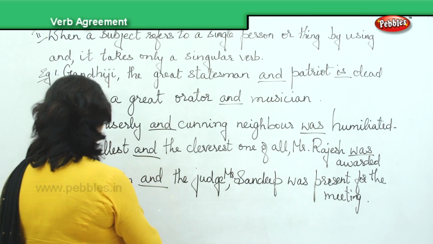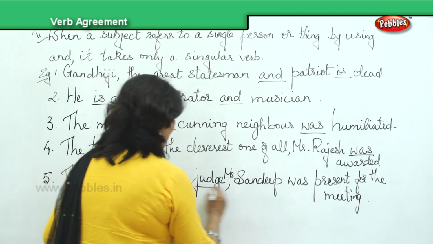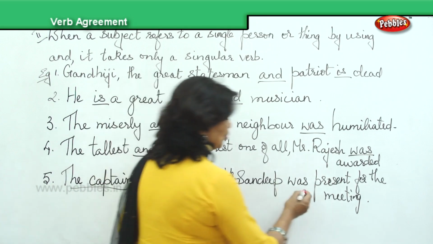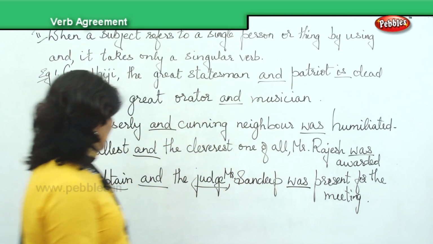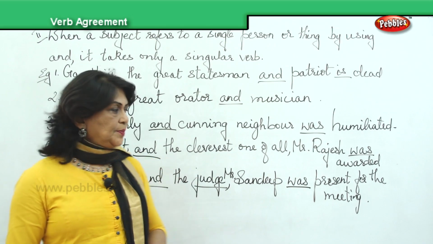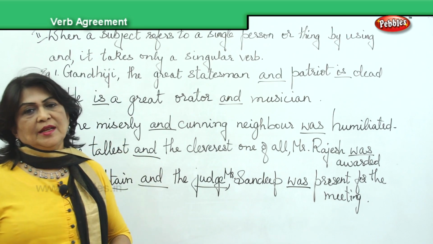Again, "and" is joining the two aspects or attributes of Mr. Sandeep, and we are talking only about him, and we say the captain and the judge, Mr. Sandeep, was present for the meeting.